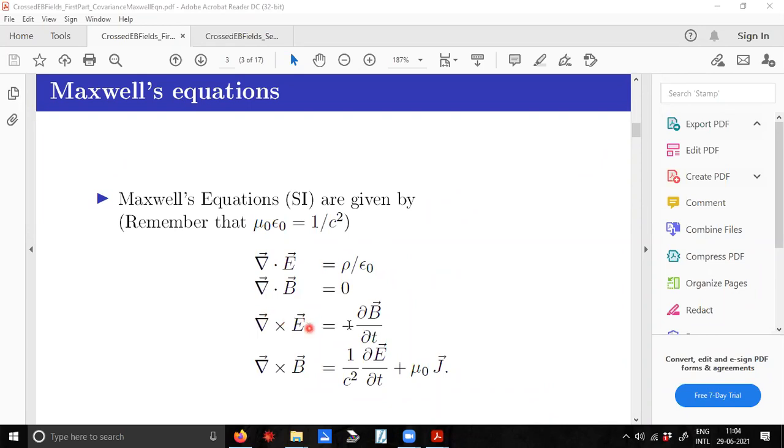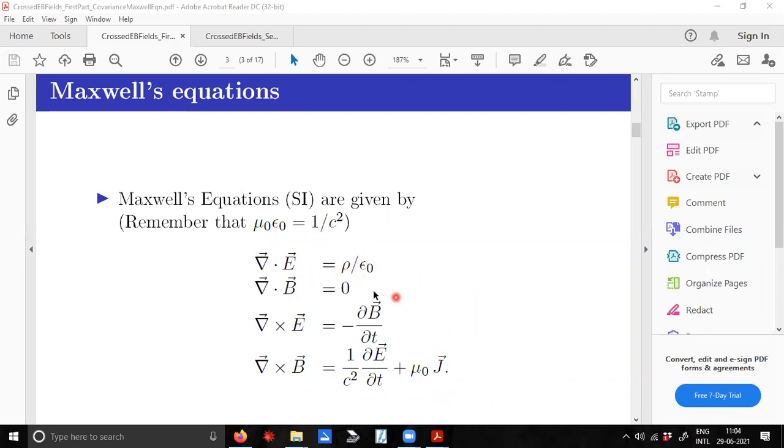The curl of E is minus dou B by dou t. Curl of B is 1 over c square dou E by dou t plus mu naught J. Mu naught epsilon naught is related to the inverse square of the velocity of light. Now, these equations involve electric and magnetic fields as well as charge density and current density.